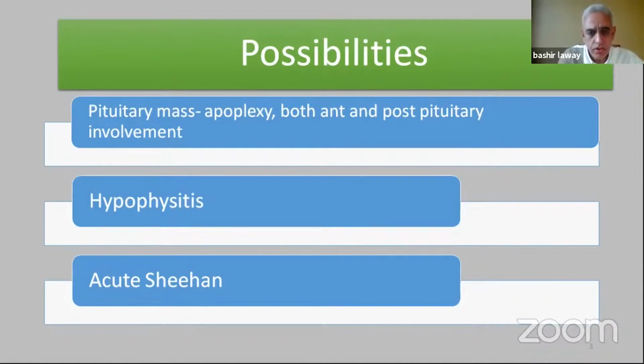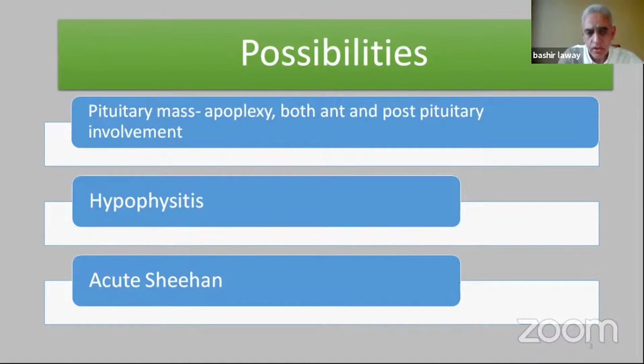So the possibilities which come to our mind: first is a pituitary mass. Why pituitary mass? Pituitary mass as such, or mild pituitary apoplexy? Because pituitary mass is more common, and if you make a common diagnosis, you should do that. Pituitary mass means she has both anterior as well as posterior pituitary involvement.